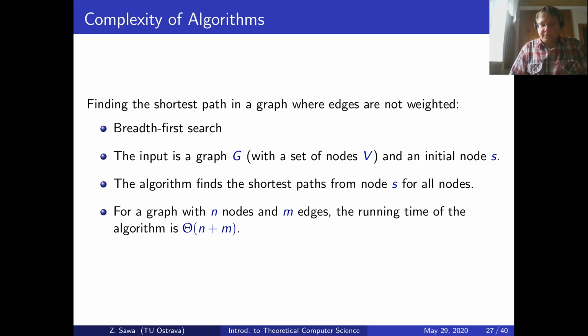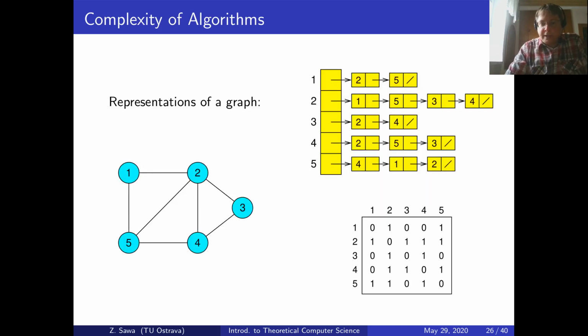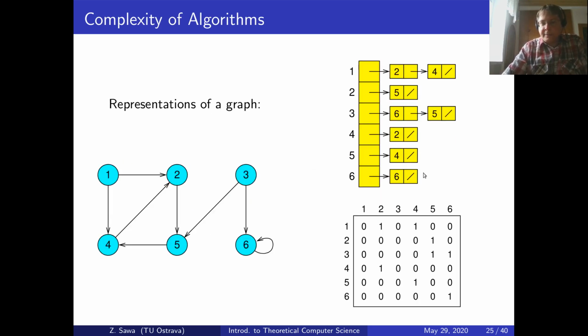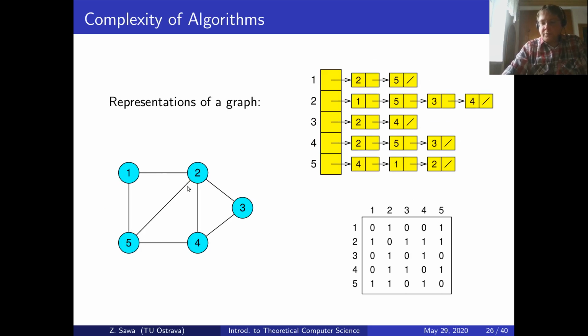So we assume that the input consists of a graph. It's not very important whether it's directed or not, and we will assume this first kind of representation, by the list of edges for each node.